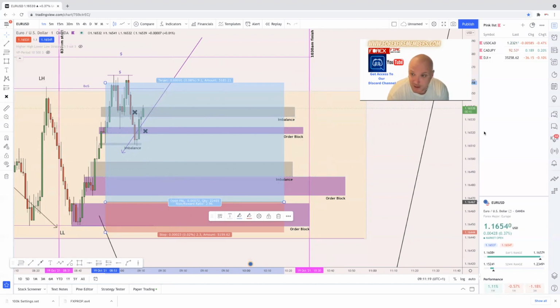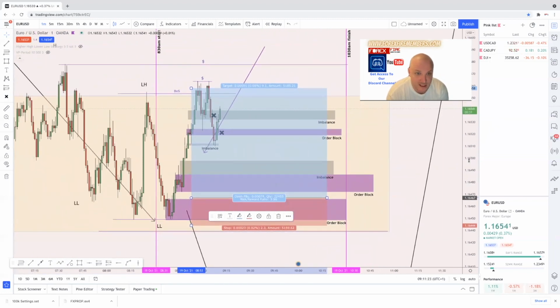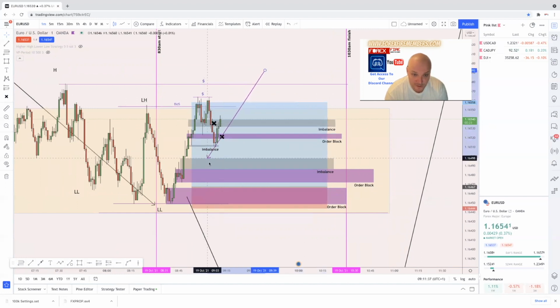So again, if we scroll out of this, we can see this here has broke that structure there. So again, I would possibly wait for one or two things before getting in on a proper trade. If this was live, this would be a trade at the moment.